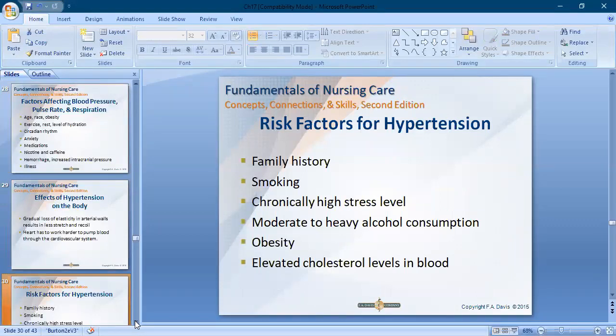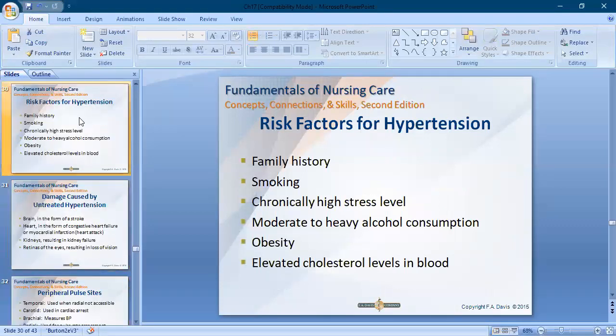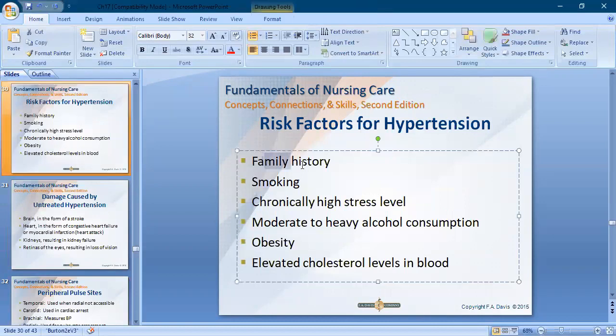What are the risk factors for hypertension? One is family history, smoking, chronically high stress, moderate to heavy alcohol consumption, obesity, and elevated cholesterol level. Family history is the most important for hypertension.